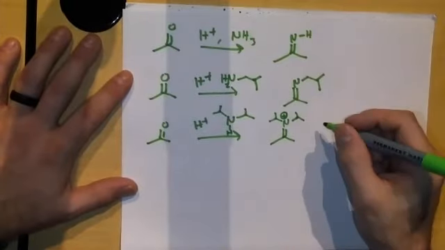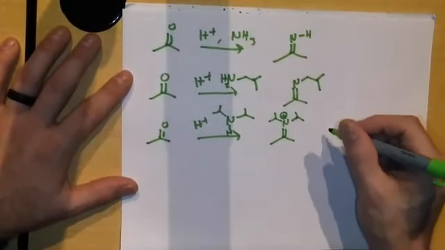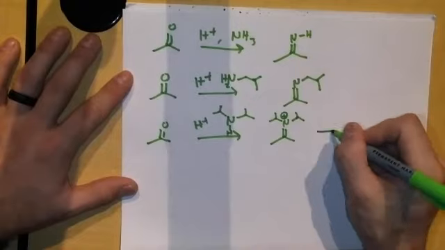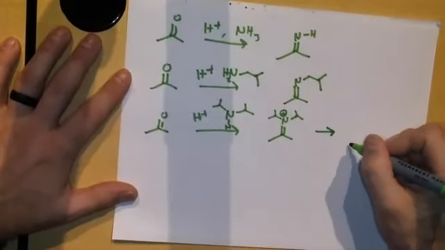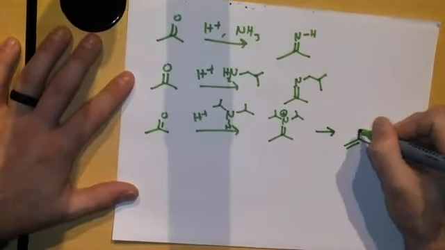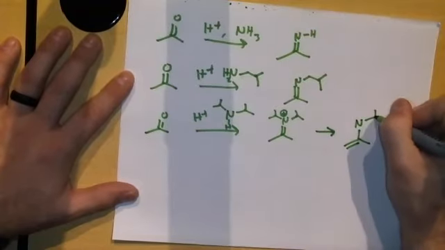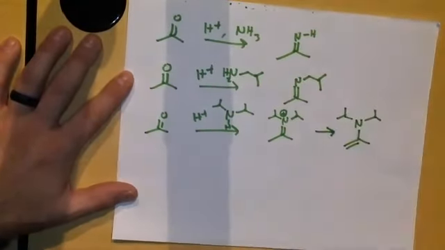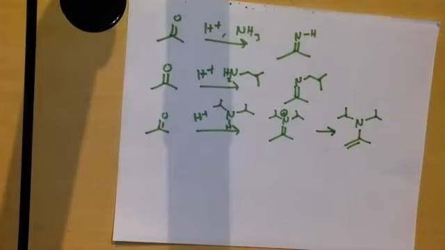This is going to do a tautomerization. We're going to shift that double bond over to generate the enamine, which is going to look like this.